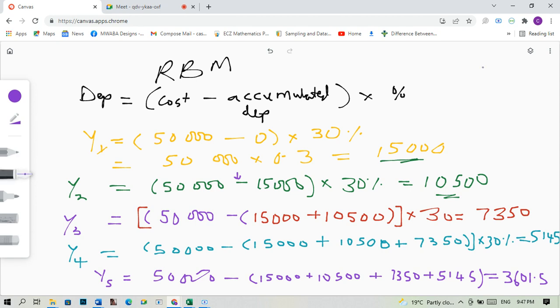We want to find the net book value for year 5. We're going to say 50,000 minus 15,000 plus 10,500 plus 7,350 plus 5,145.